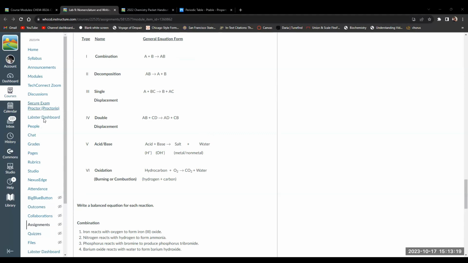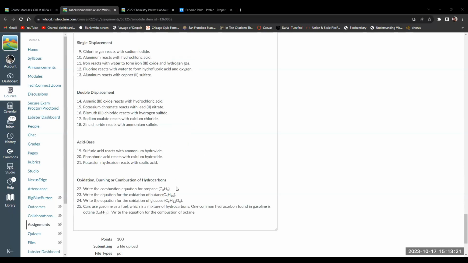But for now, we know that water is 100% going to be a product of an acid-base reaction. So let's see. Let's do number 19. It says we have sulfuric acid reacts with ammonium hydroxide.